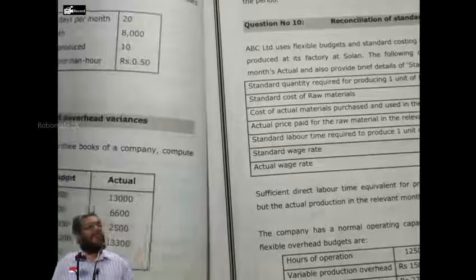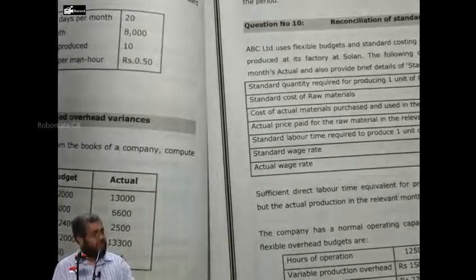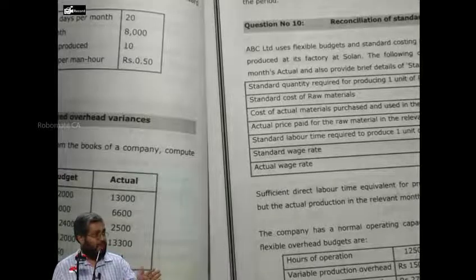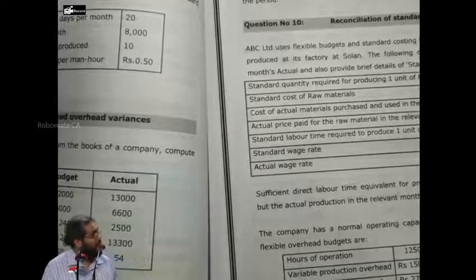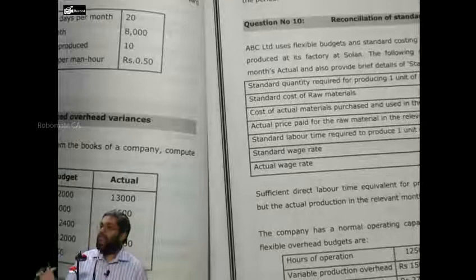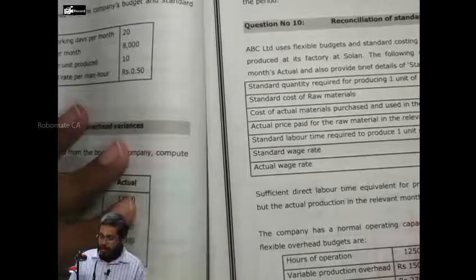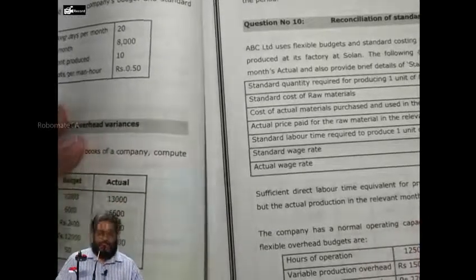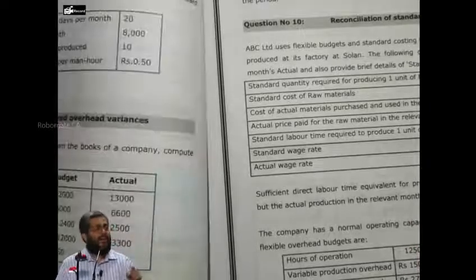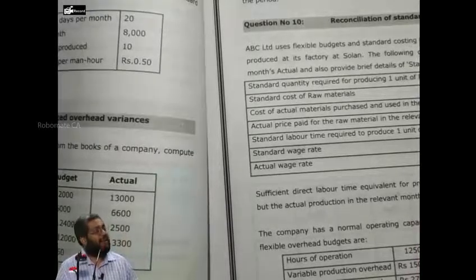Normal capacity is always understood to be budgeted capacity, because I budget normally. So normally I plan to work how many hours? 15,000 hours. So 15,000 hours is called what hours here? Budgeted hours.